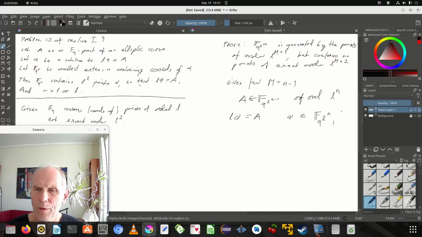Or, I believe if this is the case, this should be a Q, of course. If this is the case, then this alpha has order L to nth plus 1.